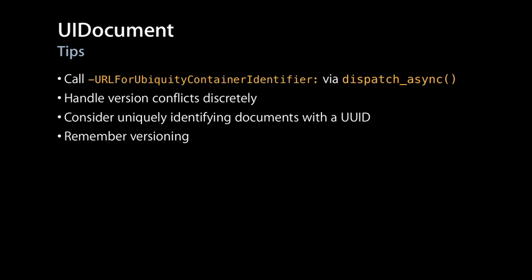So you should consider embedding your own unique identifier into these documents. That way, when a version conflict arises between something like these two documents, you can actually load those documents programmatically, look at the unique identifier that you stored in them, and if you find that those identifiers are different, you know they're different documents, and you can resolve the conflict for the user automatically without actually having to bother them.